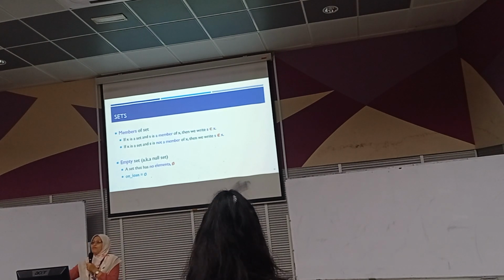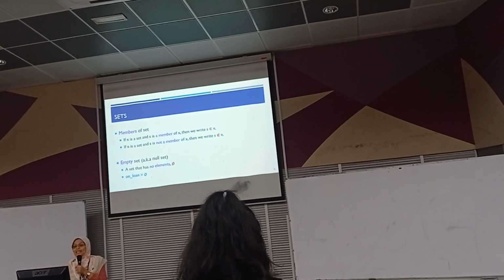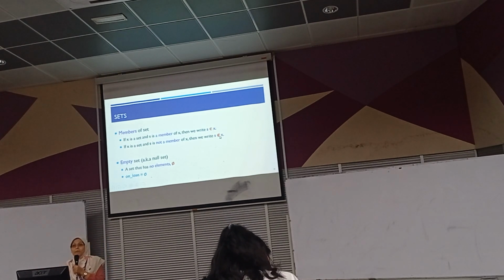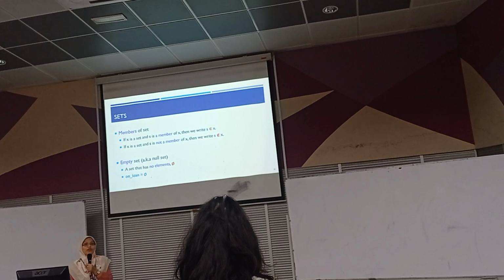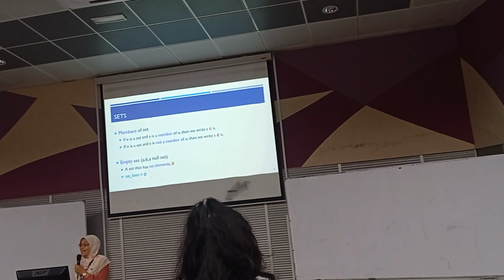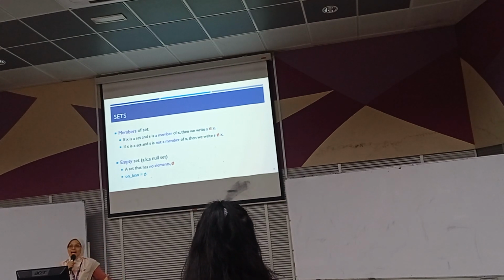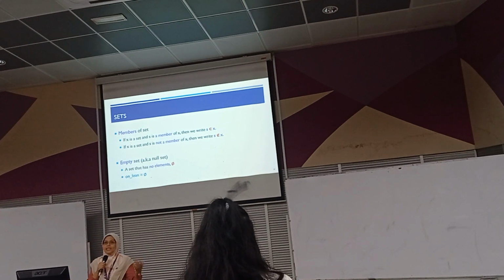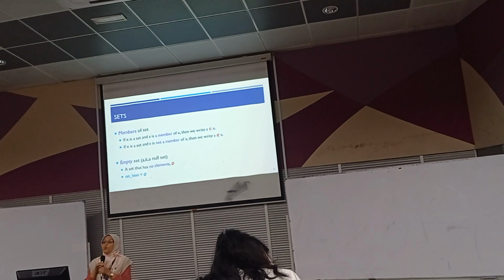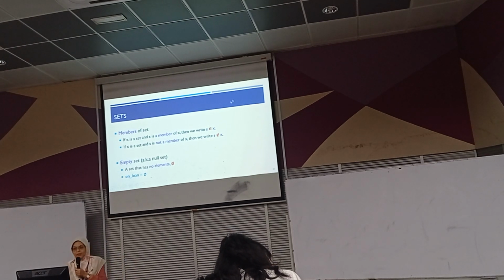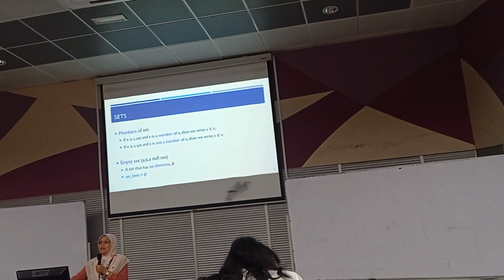If the member does not exist, then you put this symbol, not a member of. In terms of set, we call it member of or element of, or not a member of or not an element of. But later, when you do your operation schema, you can say that it exists in your database or does not exist in your database using the same symbol. So you can say member of, it is not wrong to say, is it a member of this? Yes or no, something like that.